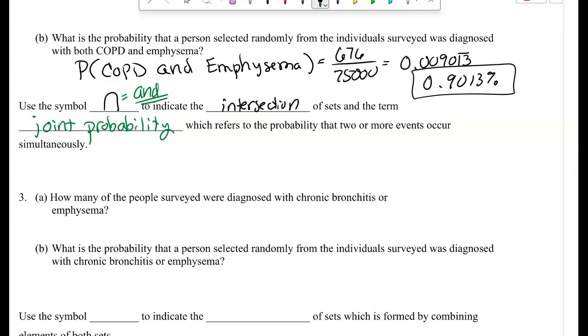Are you guys with me on this? So think about it on our examples. Up above, when we did the probability of all three, that was COPD, and we had, what was it, emphysema? And wasn't the other one chronic bronchitis?